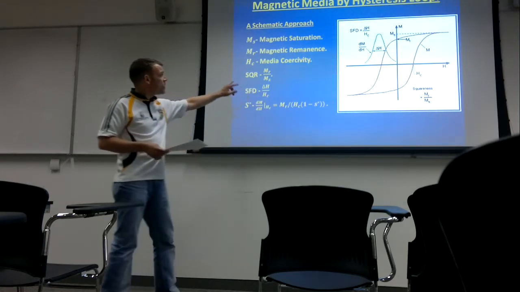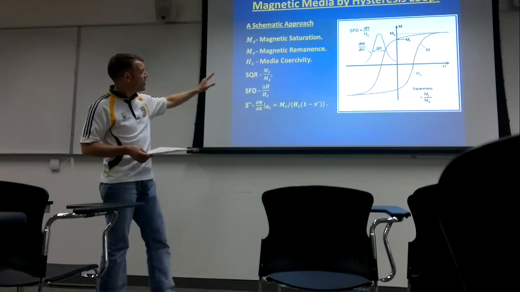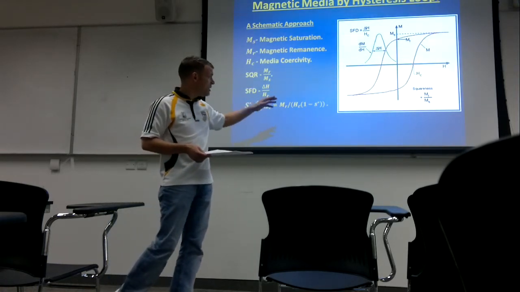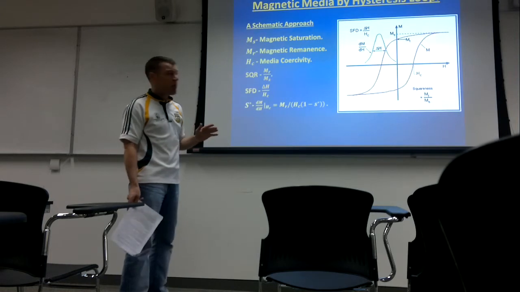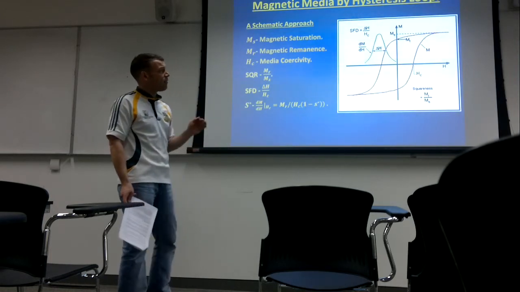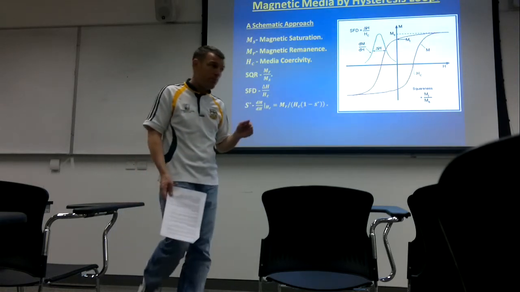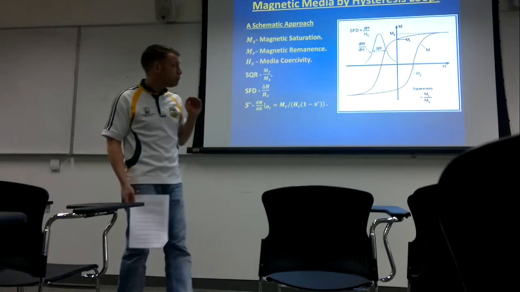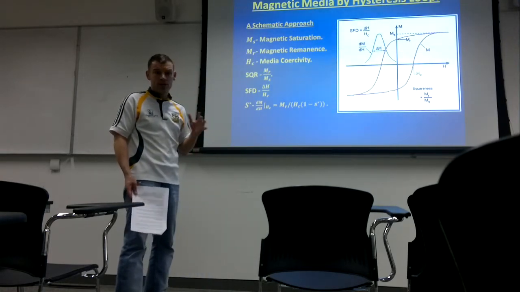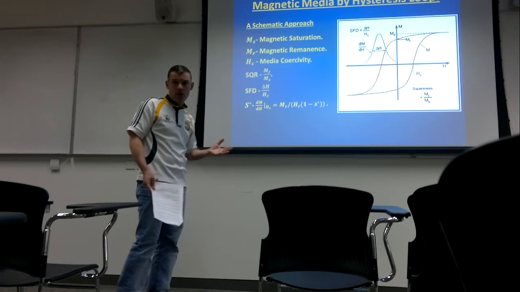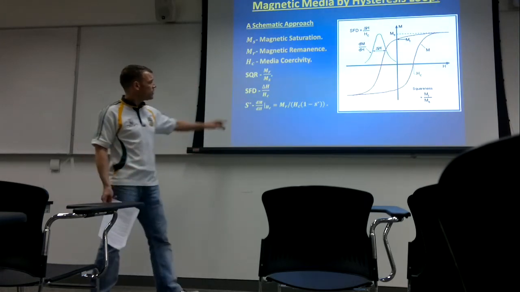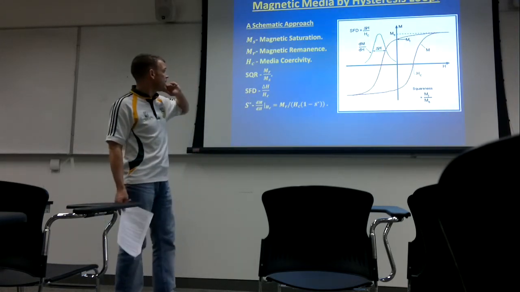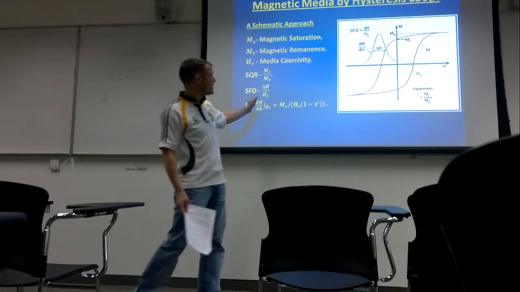The squareness ratio is calculated by remanence over the saturation. It's quite literally a measure of how square the loop is, and it reflects a medium's capacity to retain a certain amount of its magnetism. The squarer, the better.